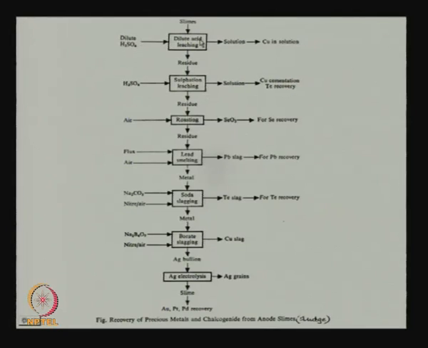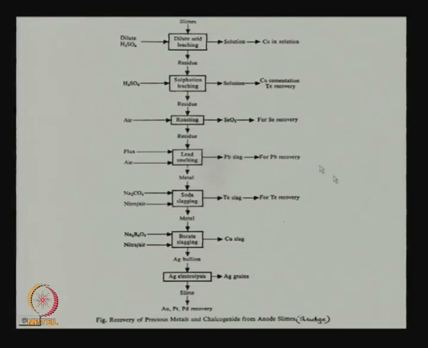With dilute sulfuric acid leaching, any residual copper that may be in the sludge can be taken into solution. Then there will be the residue. The residue will be treated with slightly stronger H2SO4, and we will do what is called sulfation leaching.